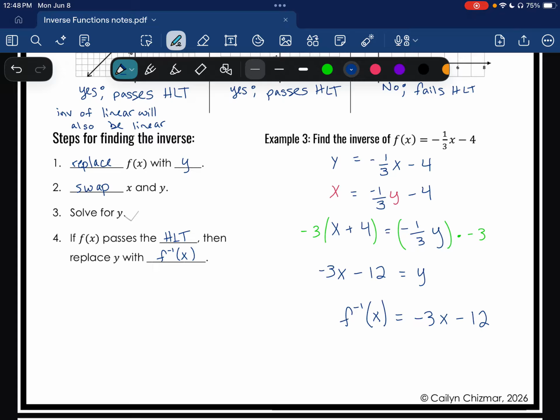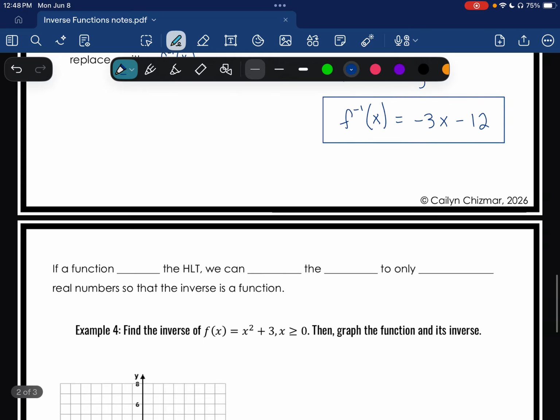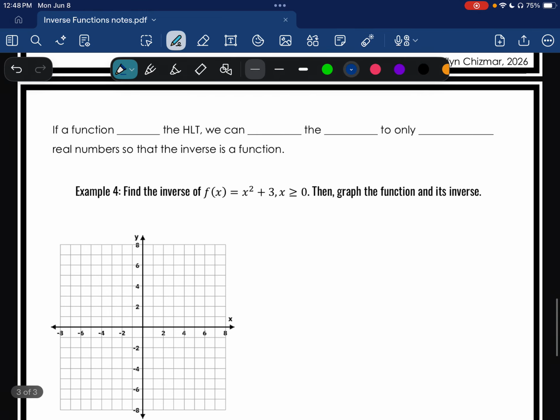The deal is to find the inverse here of this quadratic that's restricted. So first I want to talk about what this looks like. If I've got f of x is equal to x squared plus 3, but x is only greater than or equal to 0, that means I only want the non-negative part of this.